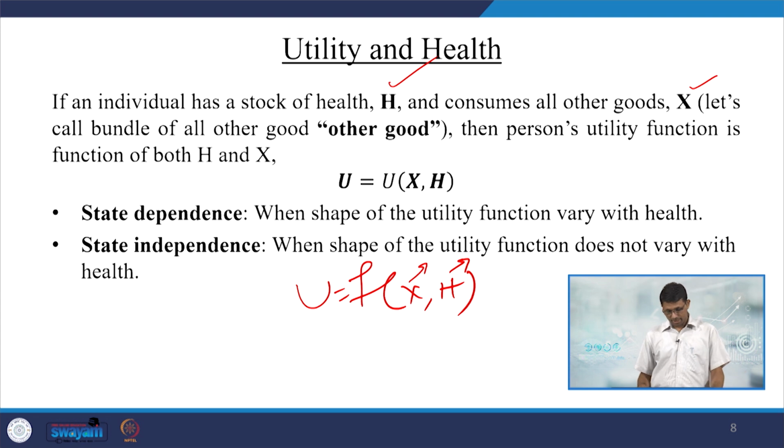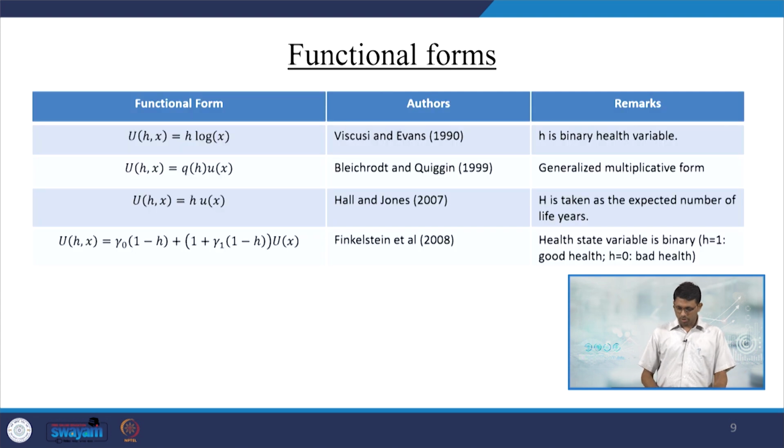is called health state independence. Now, we have some references where different experts, faculties and professors have explained the health functions by considering X, that is other goods, and health stock as variables, and how they present them. In some cases you will find H as a binary health variable. In some cases it is multiplicative with the X function. In other cases it appears as an expected number of life years.